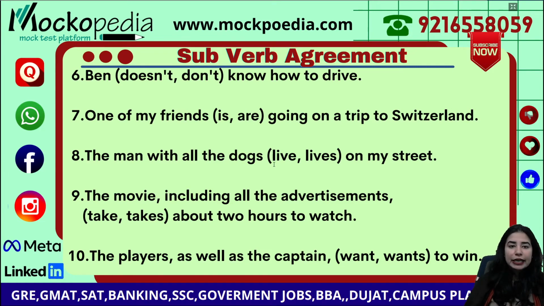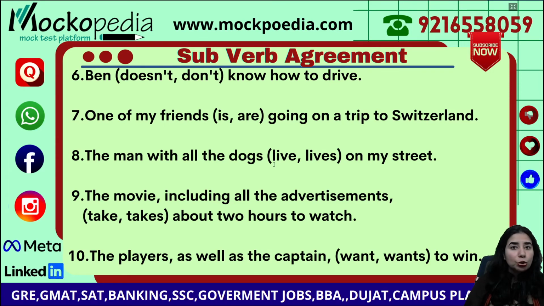The movie, including all the advertisements, you have to choose between take or takes. Take is plural and takes is singular. About 2 hours to watch. This is one important thing. Whenever we have any piece of information which is surrounded by commas on both the sides, you will see there's a comma before including and there's a comma after advertisements. So this information is unnecessary, not required.